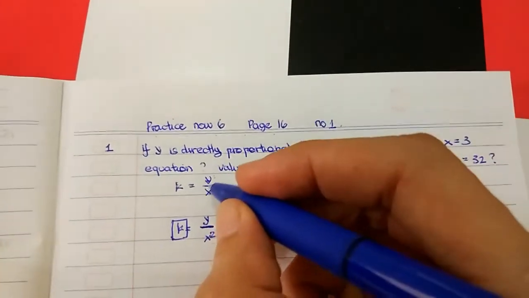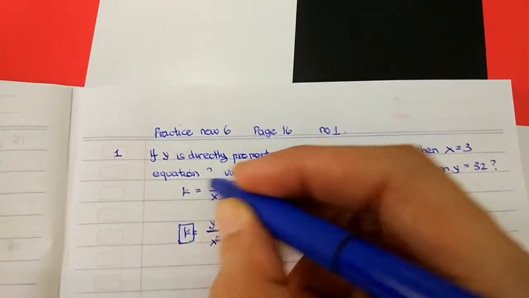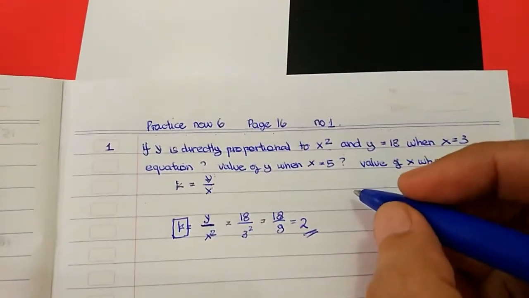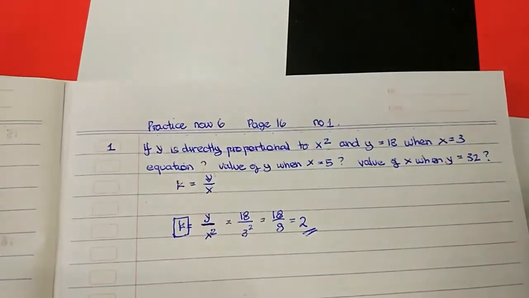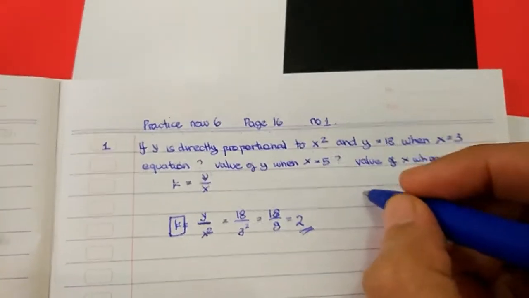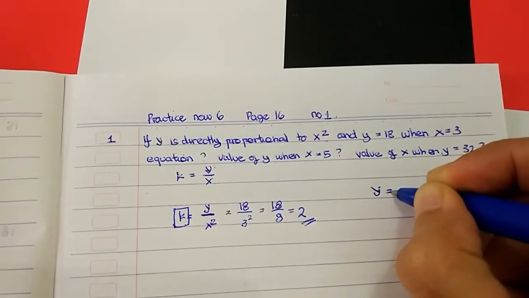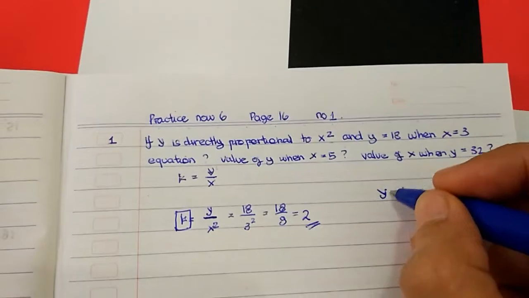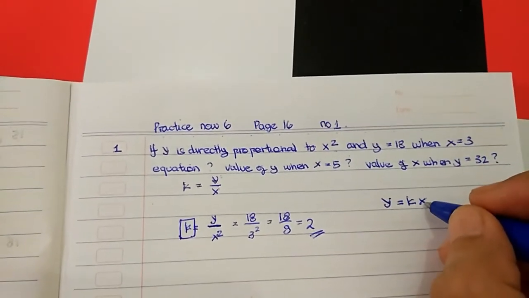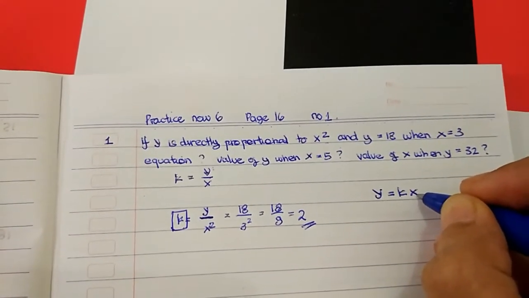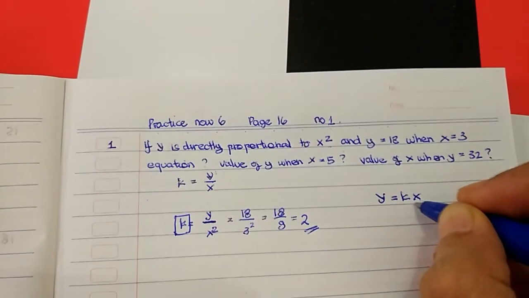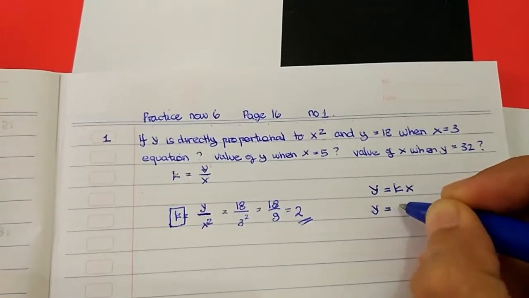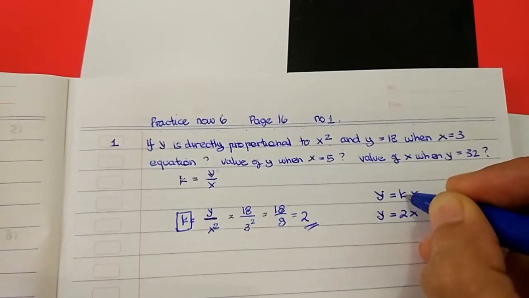Okay, k is equal to y over x, then you can write it in a different form, so that it becomes an equation. So I would say y is equal to kx. The y here is the dependent, and its value will depend on the independent variable multiplied by something, which is k. So the equation itself will be 2x, since k is equal to 2.